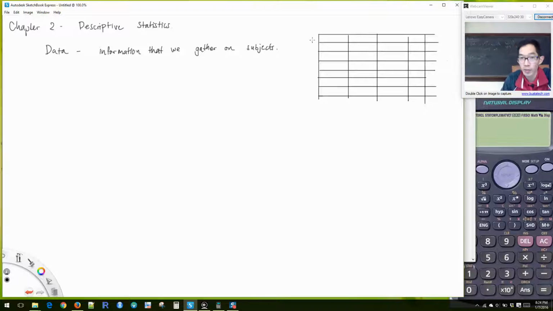Okay. And so each row is an observational unit. And each column is a variable.